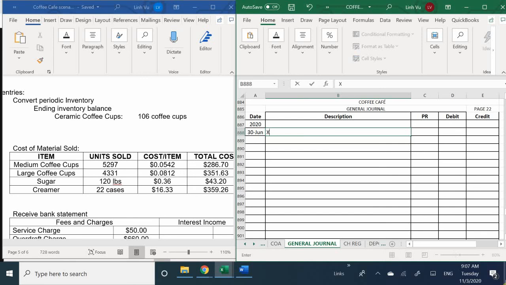We have COM. Okay, so these are all the costs of materials.